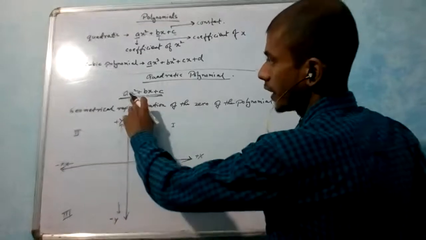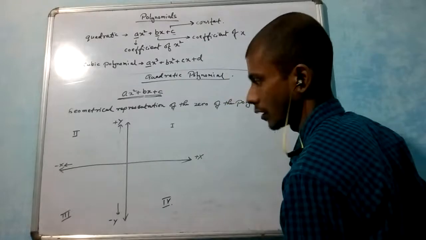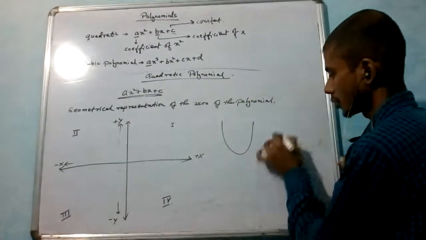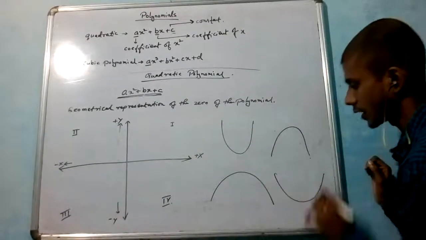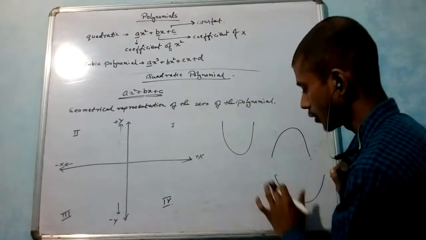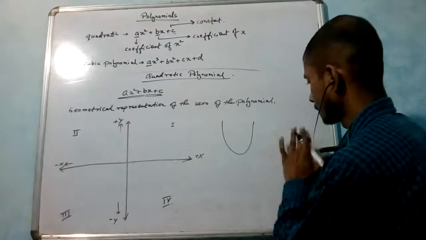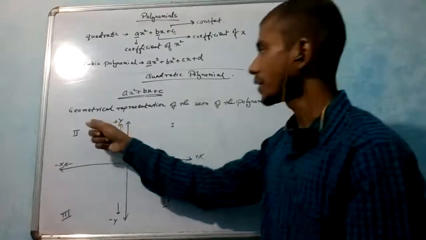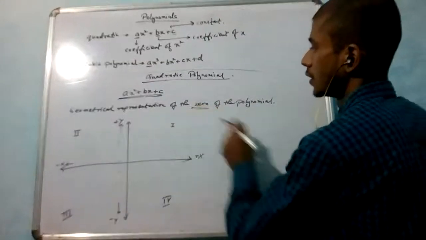For the x square, the quadratic one, we have a curve like a parabola, like this one, or this one. It is represented like this, sometimes bigger, sometimes smaller. All these are called parabolic curves or parabola. So what we have to understand here is the geometrical representation of the zeros.